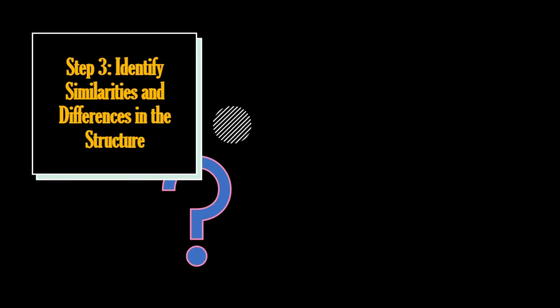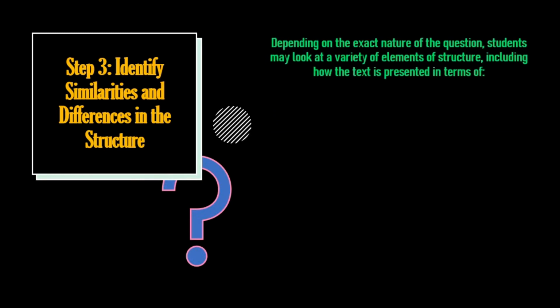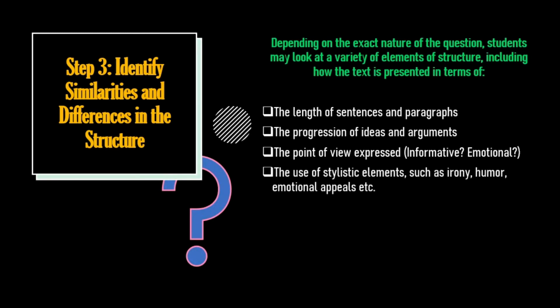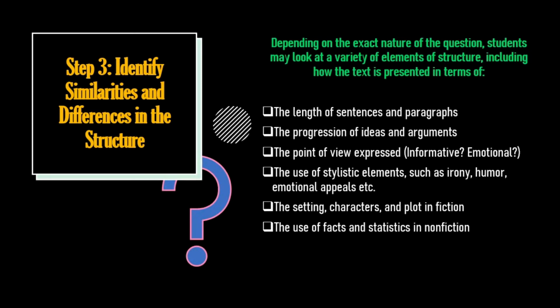If earlier it was about the content, for now, we'll focus on the structure. Depending on the exact nature of the question, you may look at a variety of elements of structure, including the length of the sentences and paragraphs, the progression of ideas and arguments, the point of view, and many more. So you have to take note of this when you are identifying the similarities and differences of the reading selection or the text.